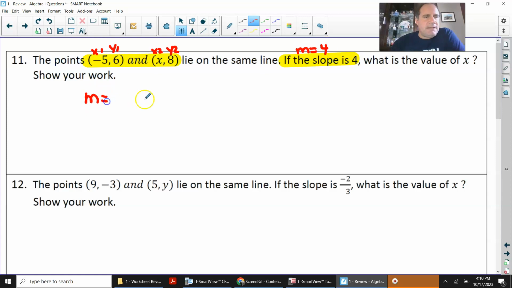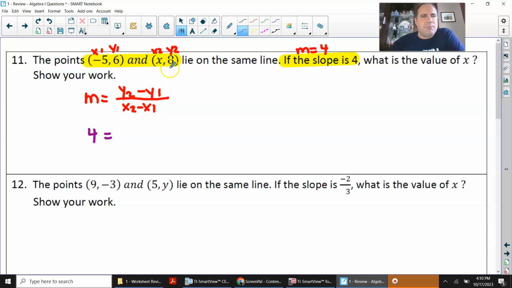So m equals, and I'm going to put y2 minus y1 over x2 minus x1. The m equals 4. So instead of m, I'm going to put 4, because that's what they told me it is.